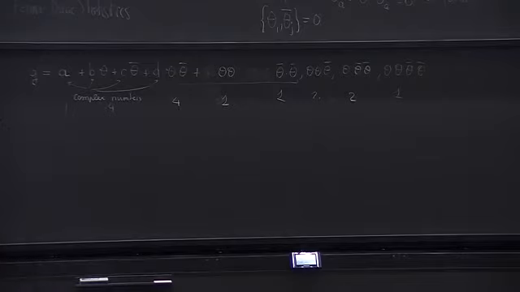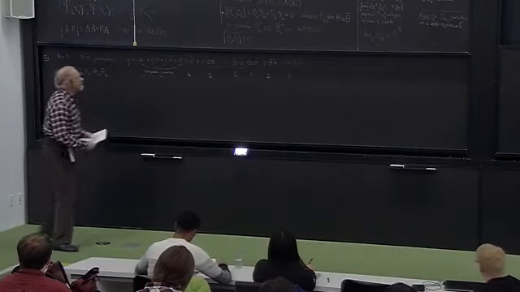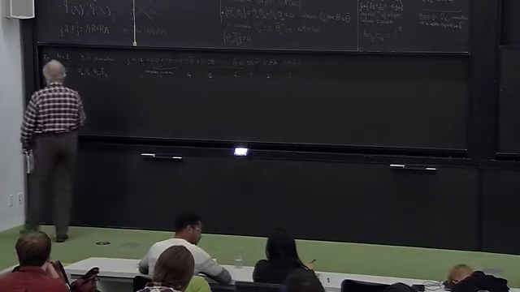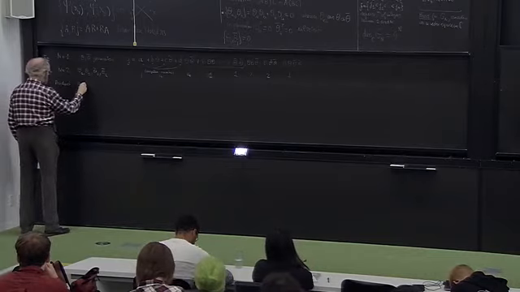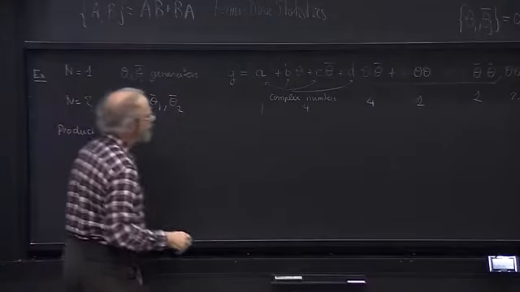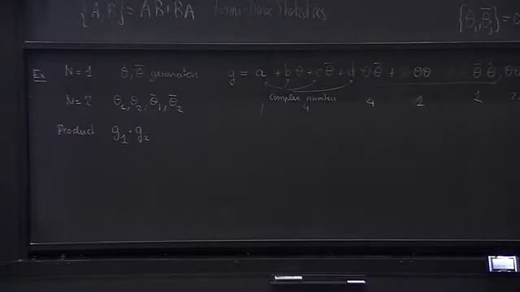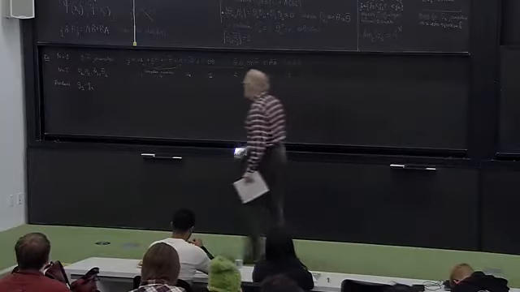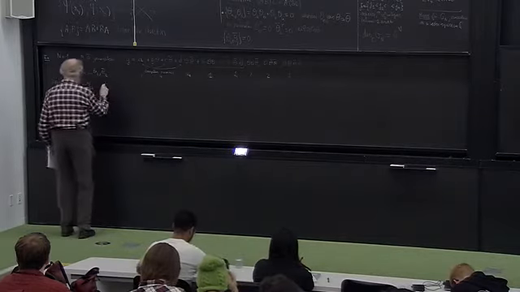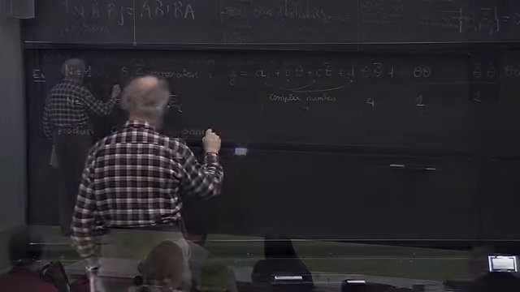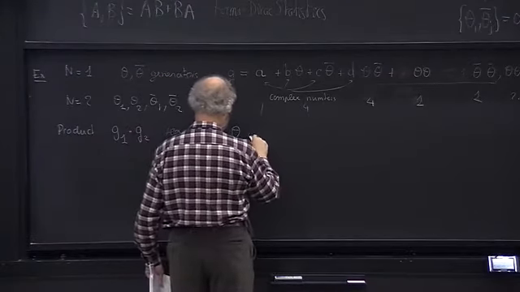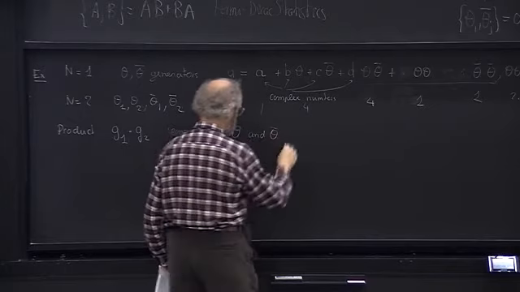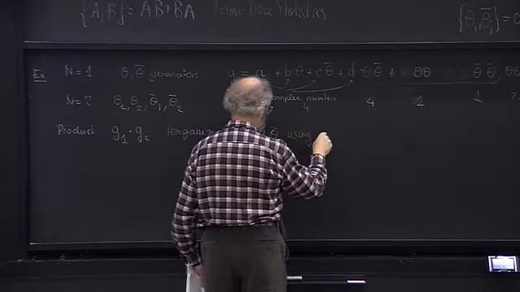Thank you. So of course, then the product of 2 elements G1 times G2 is just defined by writing G1 G2, and then reorganizing: the thetas to the left and the theta bars to the right using anti-commutation.